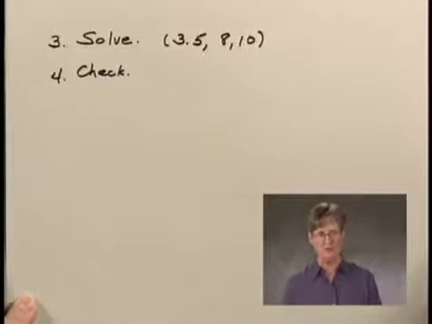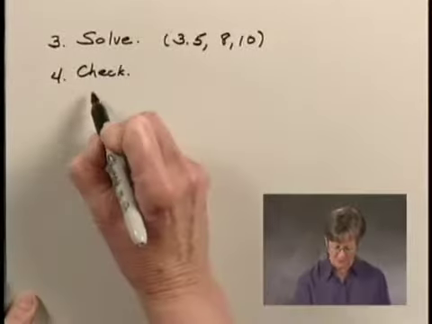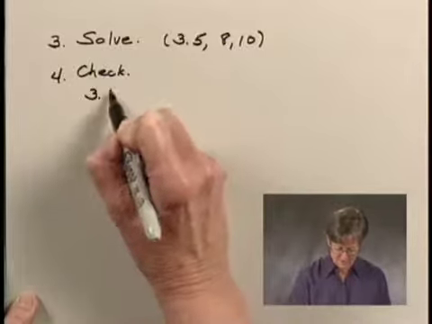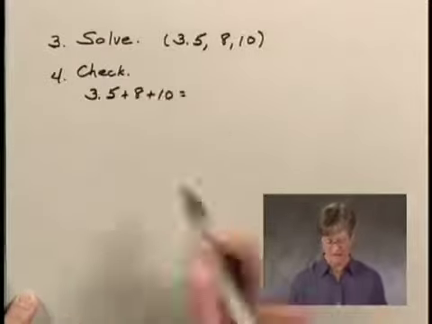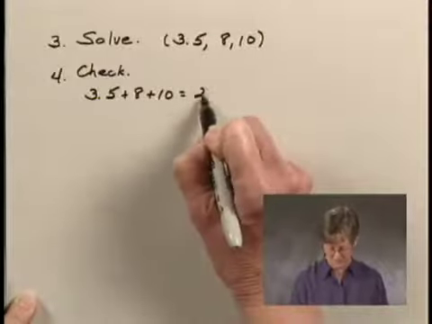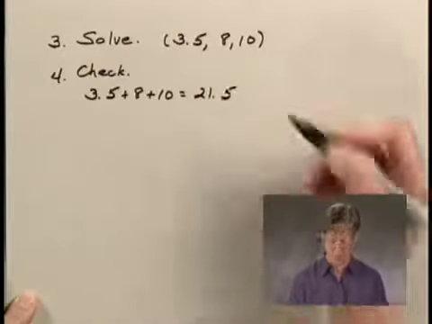First, we were told that the total number of hours worked was 21.5. So we need to see if 3.5 plus 8 plus 10 is equal to 21.5, and when we add these numbers together, that's exactly what we get. So that checks.